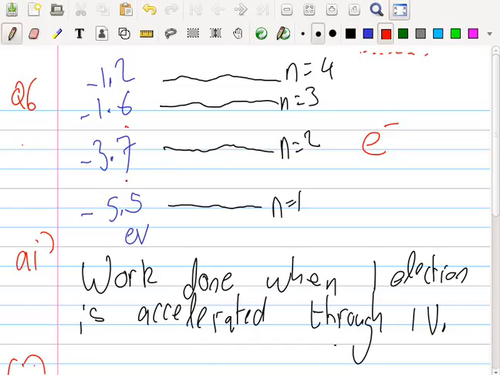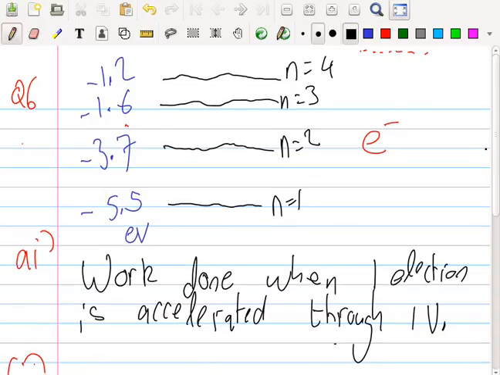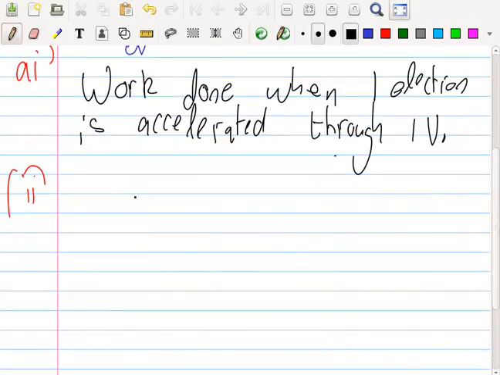Minus 3.7 electron volts means that the electron needs 3.7 electron volts to be freed. So the answer is just 3.7 electron volts. And remember, I told you this before, when a question is 1 mark, it's either going to be given to you in the question, or you just need to multiply a number by another number. It should be something really straightforward.